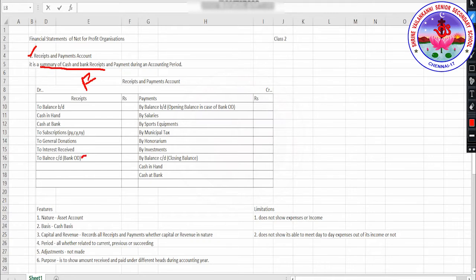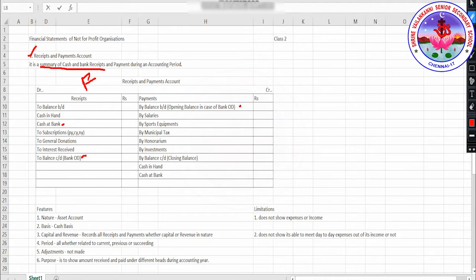If you have a favorable bank balance, it would be reflected as cash at bank. If you have a negative balance, then here it will be the closing balance, and here it will be the opening balance for bank overdraft.